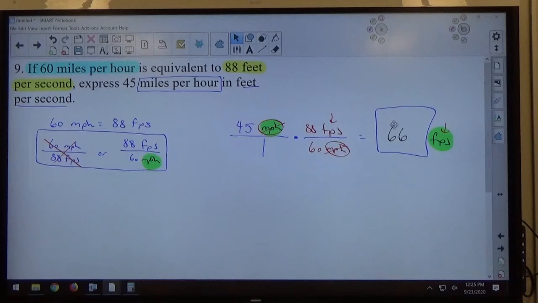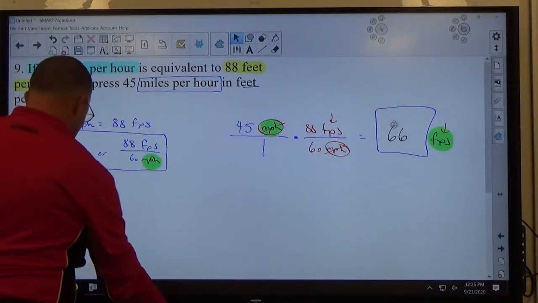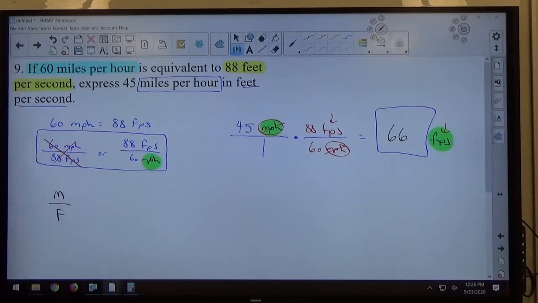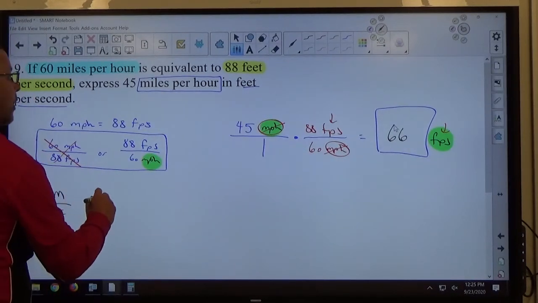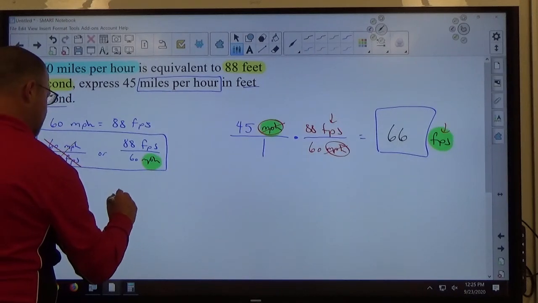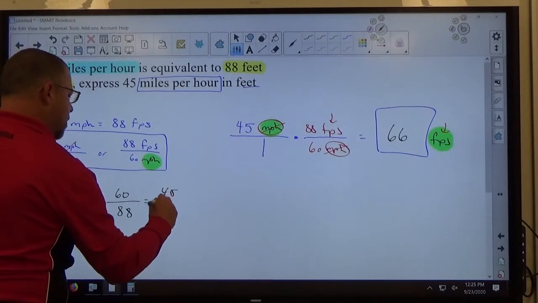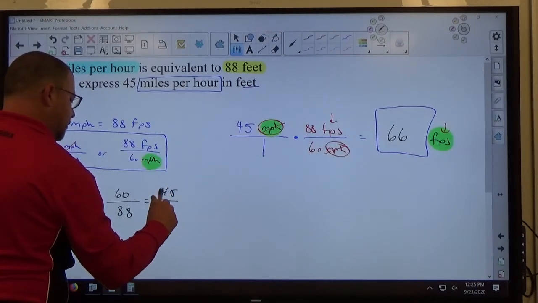Here's another way that you may have done based on the things we've done in class. This is a proportion class, right? Miles per hour over feet per second. If we make a ratio, 60 miles per hour is the same as 88 feet per second. 45 miles per hour is how many feet per second?